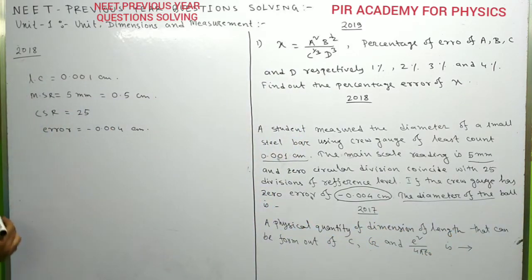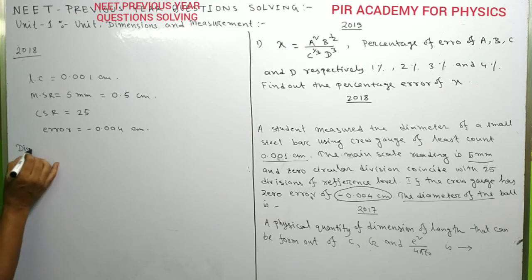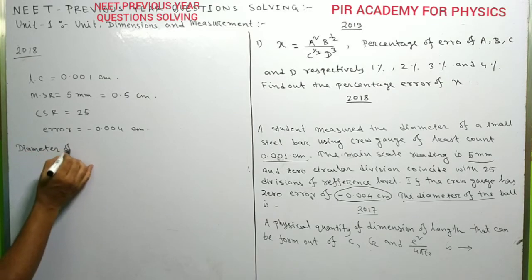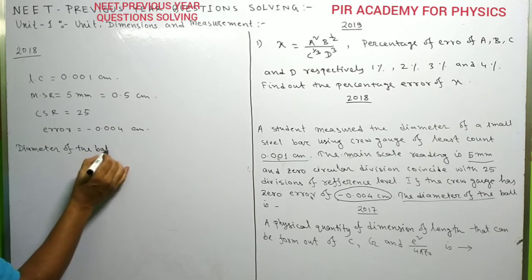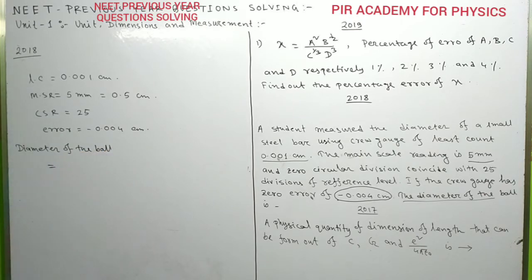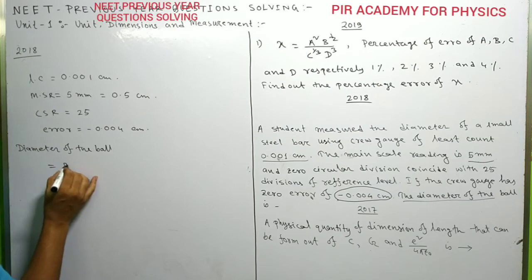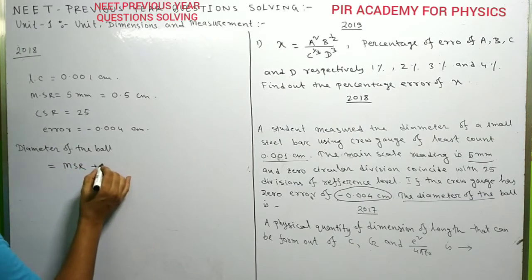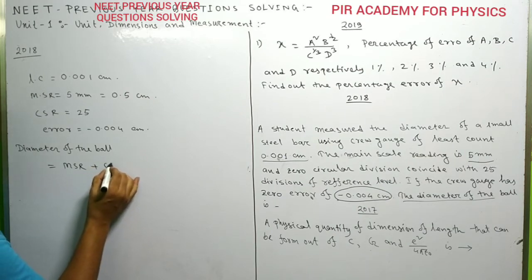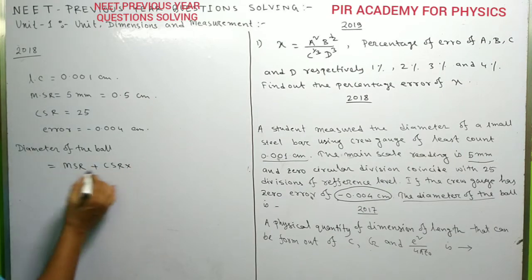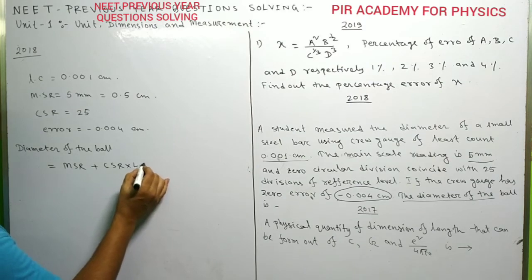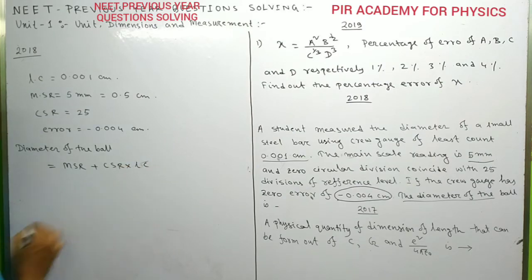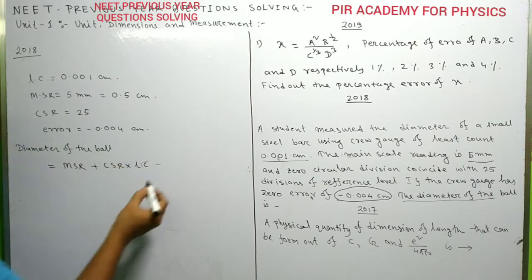So the diameter of the ball or bar can be written as MSR plus CSR into LC, least count, plus or minus zero error.